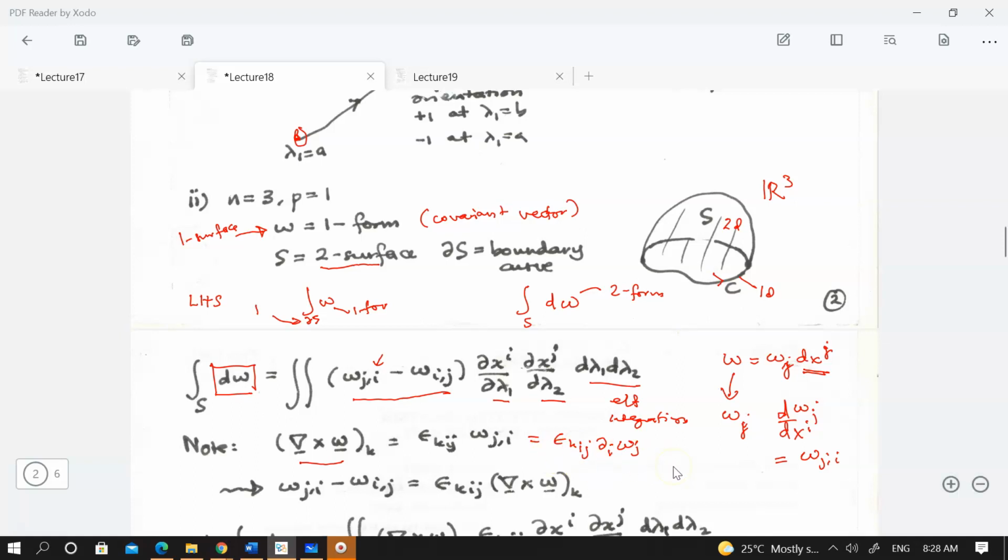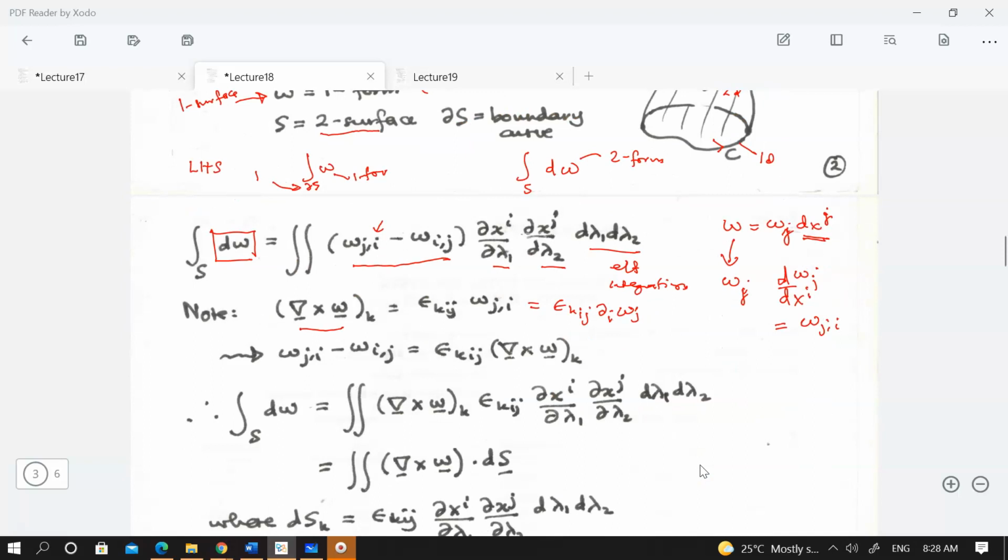Okay, so if I simply expand, remember that these I and j here are dummy indices, so you have to sum. So when you sum, you're going to get the different ordering, and you'll be able to get these two terms over here. So in other words, this thing is really the components of your curl of omega.